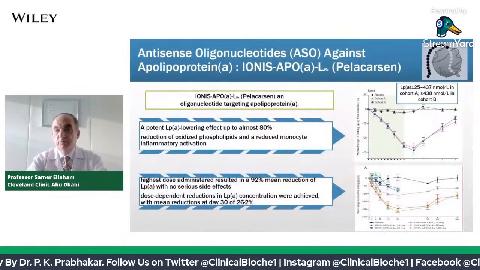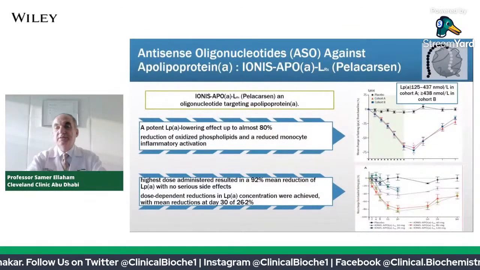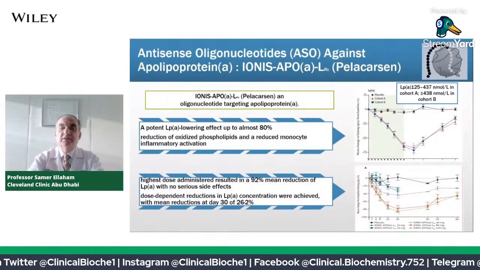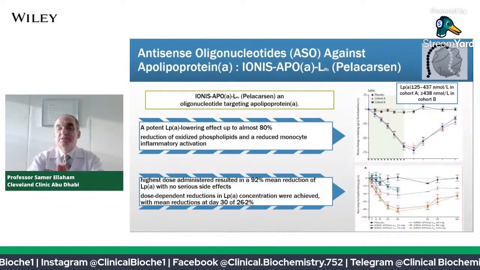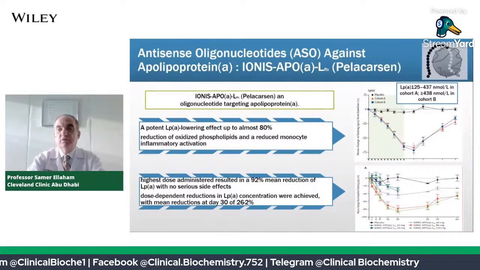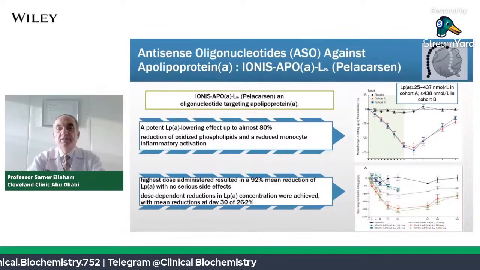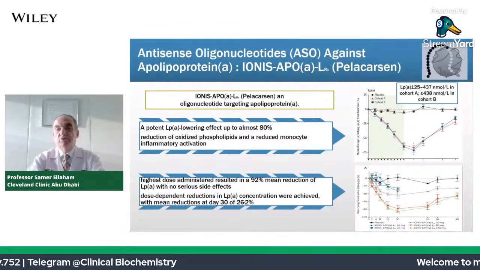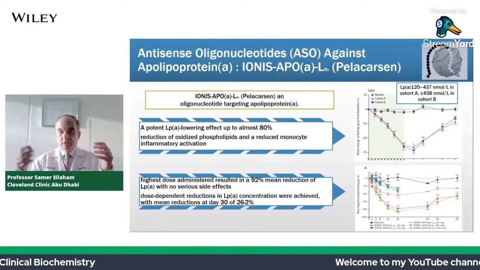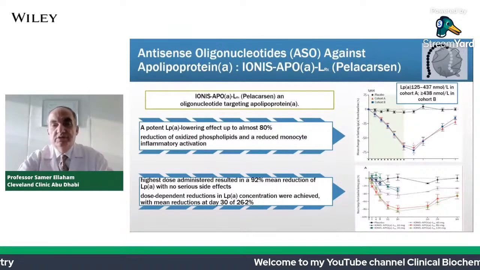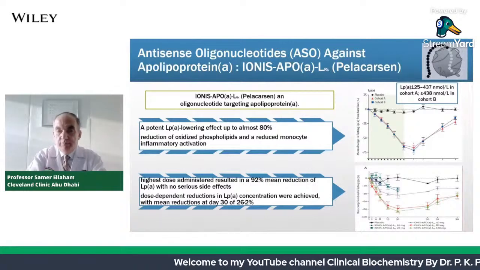This is probably one of the more interesting ones, and I try not to be biased, but when you look at the data, this is right now a specific agent. It's called pelacarsen, and it's an antisense oligonucleotide, which you will hear a lot about, the ASO, which is against apo little a.